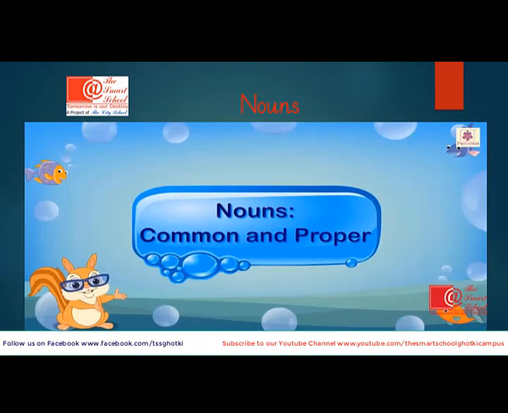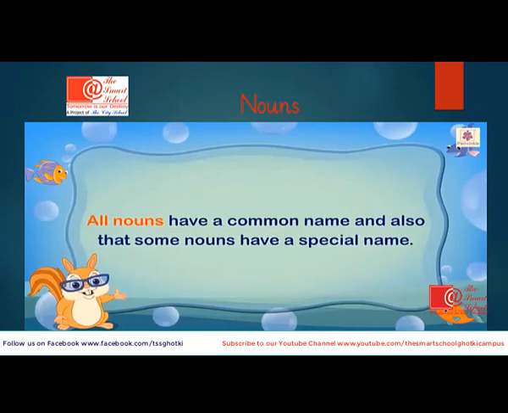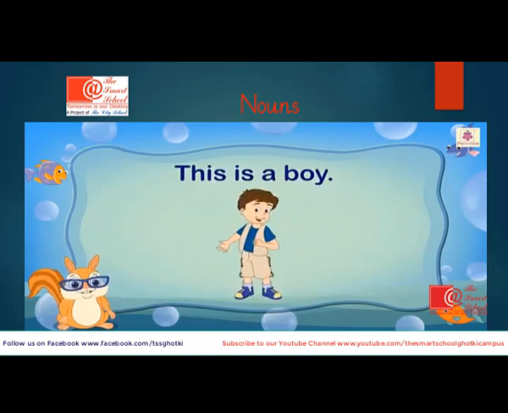Nouns, common and proper. We now know that all nouns have a common name and also that some nouns have a special name. Look at the following pictures. Identify them. This is a boy.